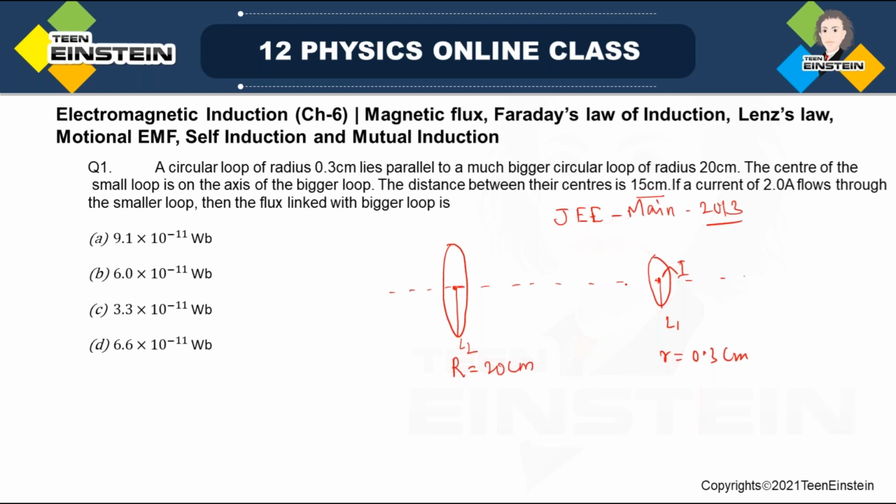If this loop is standing vertically and the current is in the anticlockwise direction, then the magnetic field will be in this direction, so the magnetic field lines will go like this. And this distance, let us say, is some x distance.